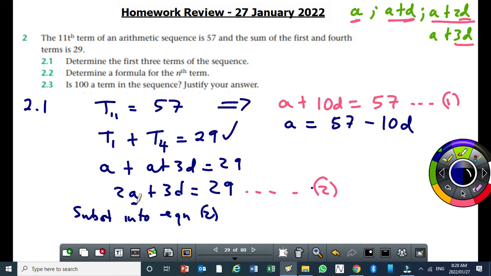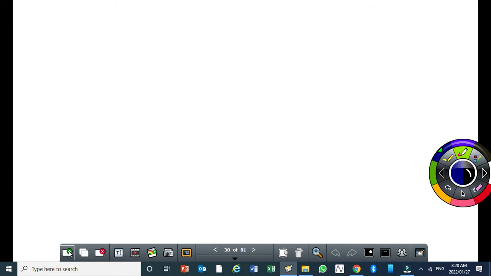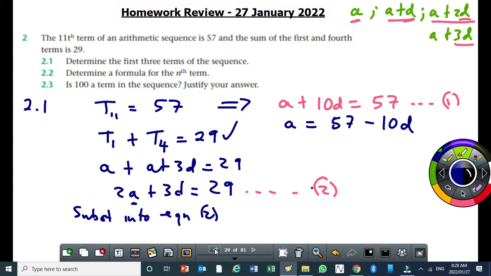Okay, so let's move on to the next page. On the next page, I'll write 2 times... Now I'm substituting, just to emphasize here. I'm putting 57 minus 10d where there is A in equation 2.